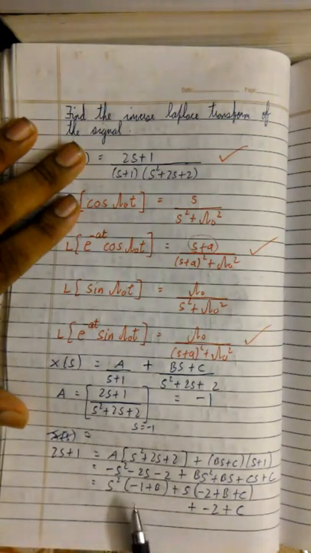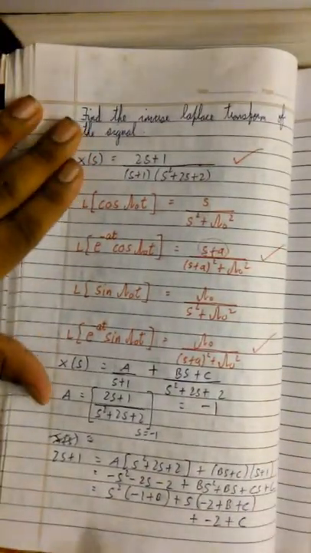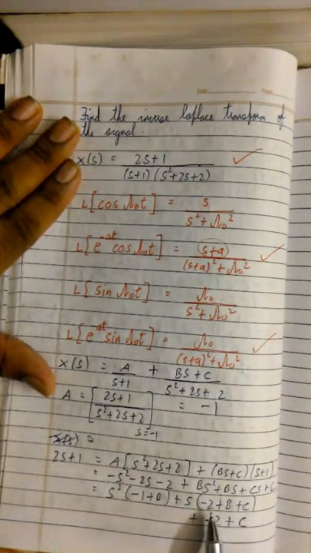So here the coefficient of s square is minus 1 plus b, which means minus 1 plus b is equal to 0. Therefore b is equal to 1. Now I can take any one of the other coefficients. Let me compare the coefficient of s.